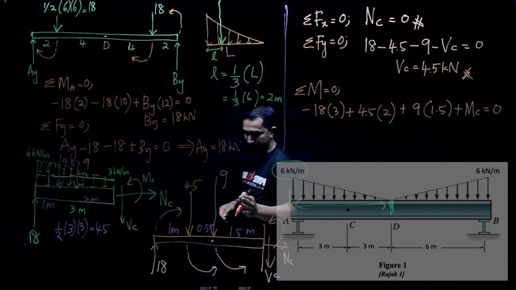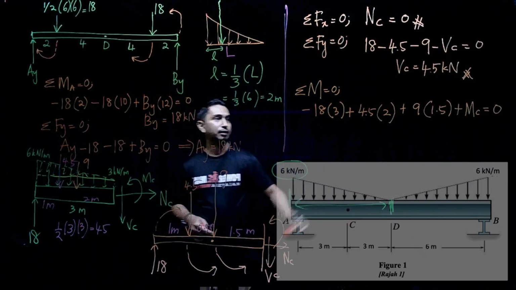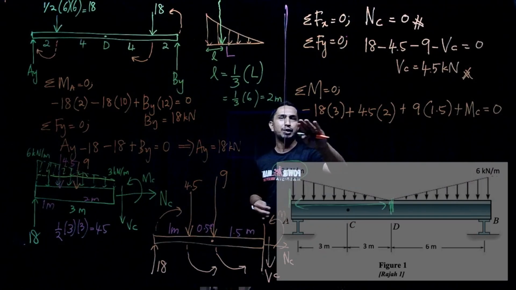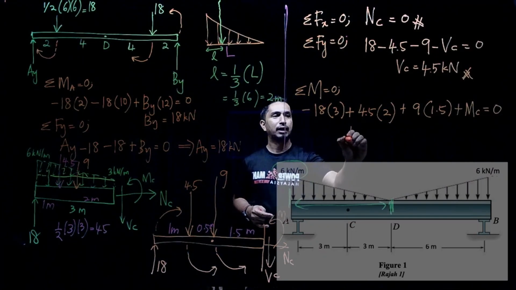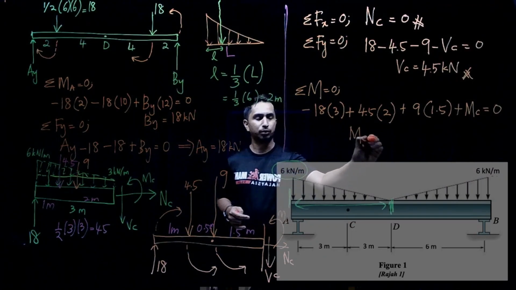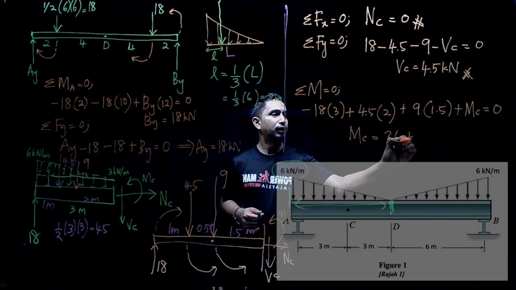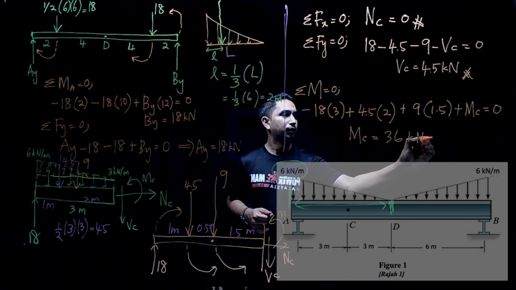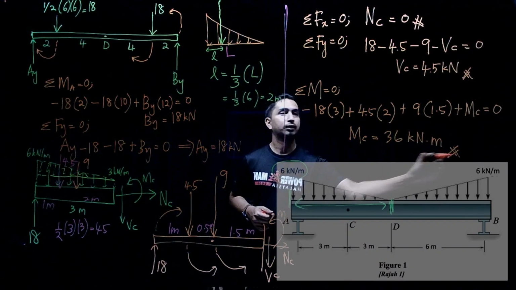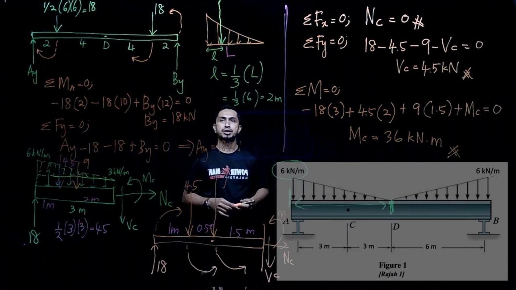As usual, you rearrange this equation. MC equals 36 kilonewton meter. So this is how you solve question number 1.